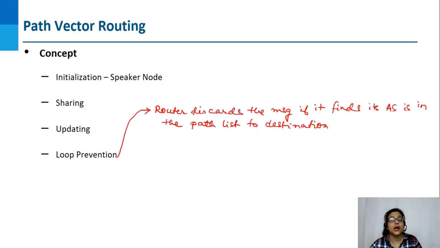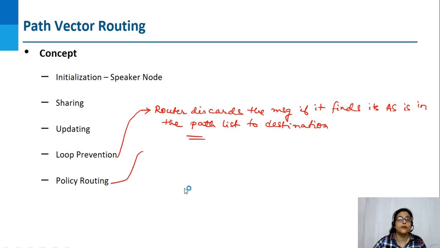The router should discard the message if it finds that its autonomous system is in the path list to destination. So this would definitely prevent the loop as it is caused in the distance vector routing, which basically causes the instability.